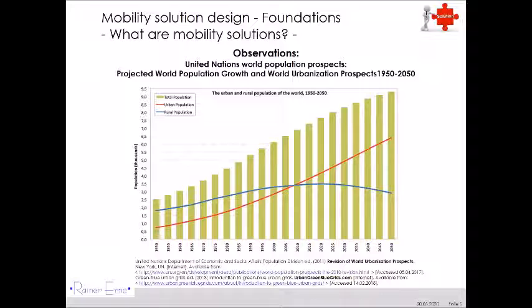So imagine in the year 2030 with 8.3 billion people, about 5 to 6 billion are living in cities. This is the root cause why we discuss sustainable mobilities and mobility solution design.